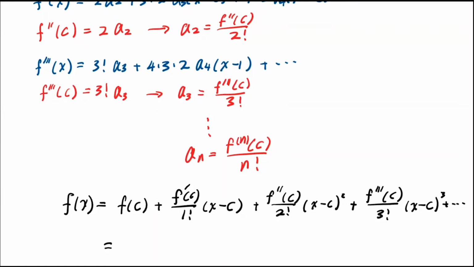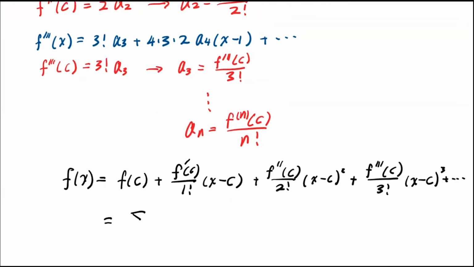And in sigma notation, this is going to look like n's from 0 to infinity. If you define 0 factorial as 1, then it will always be f's nth derivative evaluated at your center divided by n factorial times x minus c to the nth power. This is the formula for Taylor series.